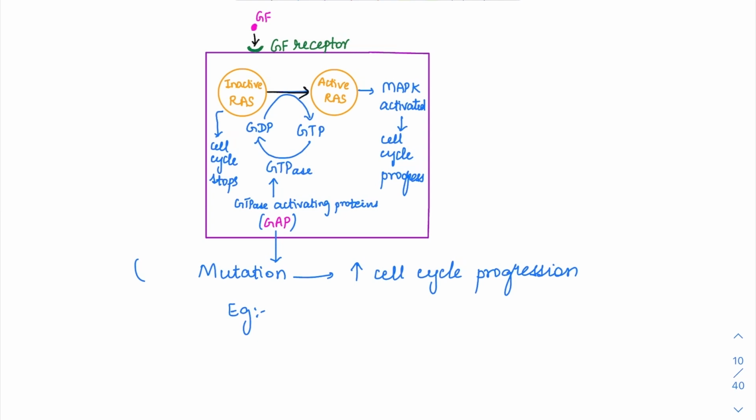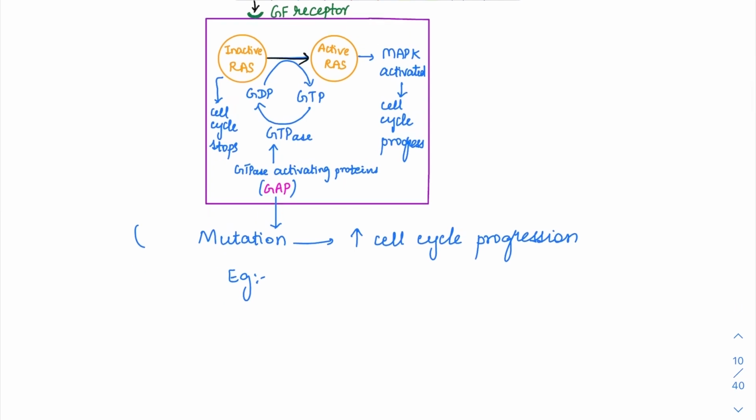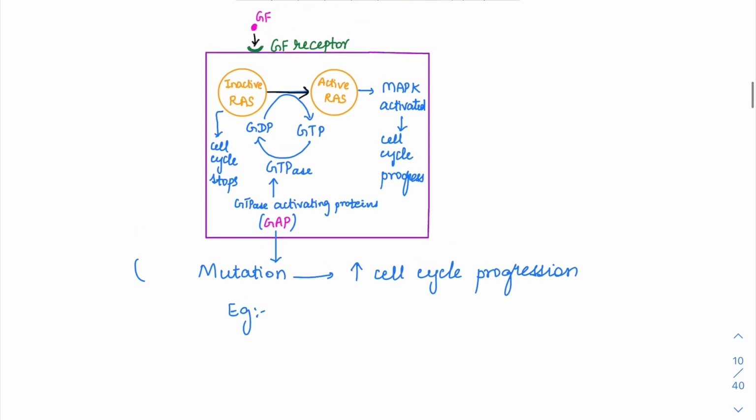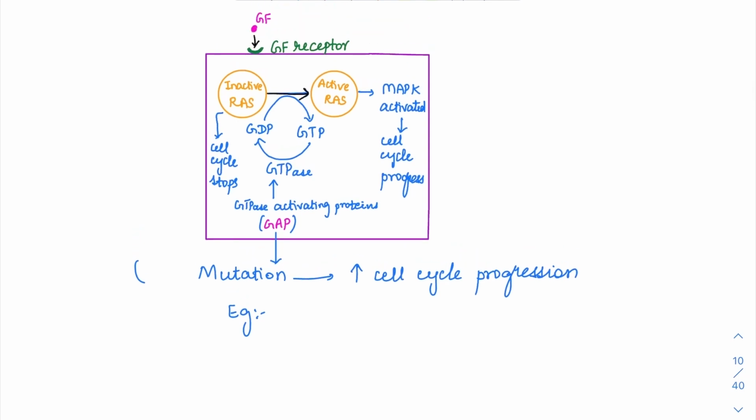This active RAS will enter into the MAP kinase pathway, and the MAP kinase pathway will stimulate the cell cycle, and the cell cycle is going to progress, causing the proliferation of the cells. So this is normal. RAS mutation is going to make the RAS constitutively active, so that the cell cycle is continuously progressing.